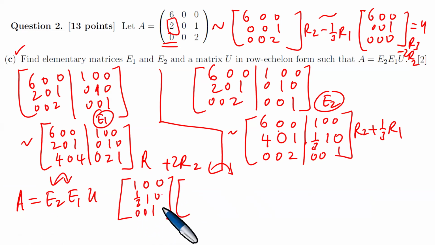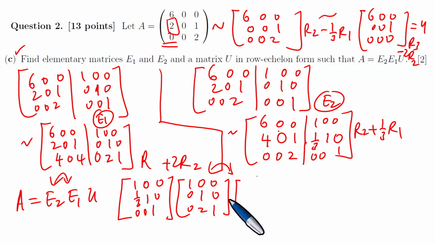If this is exactly our E2, which is exactly this operation here, and then that is what we are actually able to have. Right. So if you then multiply that with the matrix E1, which actually is exactly 1, 0, 0, 0, 1, 1, 0, 0, 0, 1, 0, 0, 1. And then now we have this matrix we got here, which is exactly this.